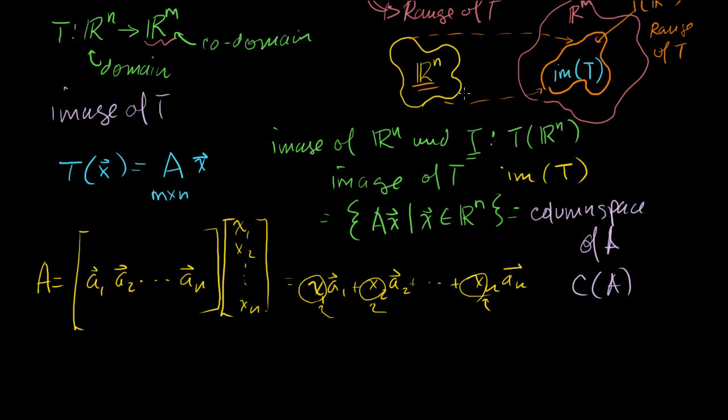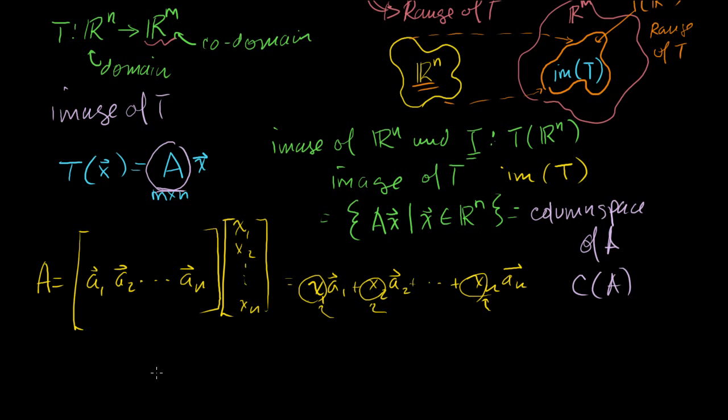Well, it's almost obvious. I mean, I'm playing with words a little bit. But any linear transformation can be represented as a matrix vector product. And so the image of any linear transformation, which means the subset of its codomain when you map all of the elements of its domain into its codomain, is equivalent to the column space of the matrix that your transformation could be represented as.